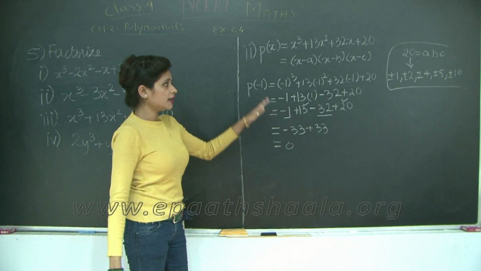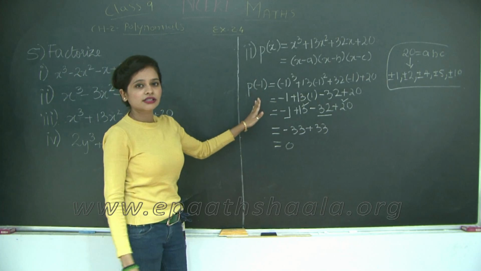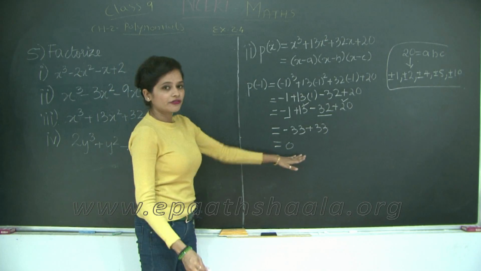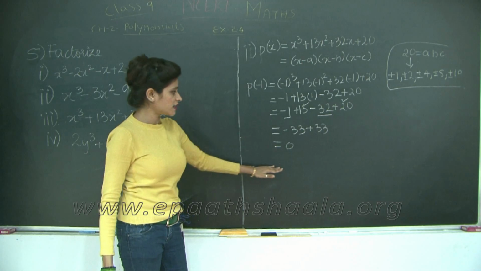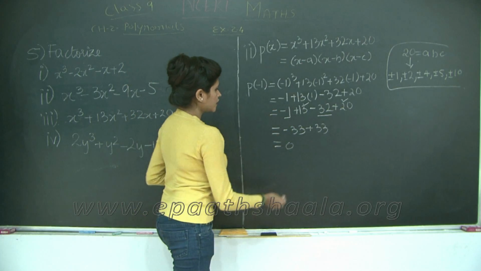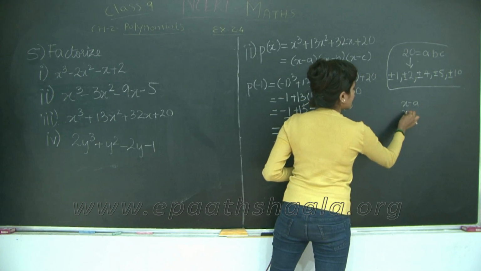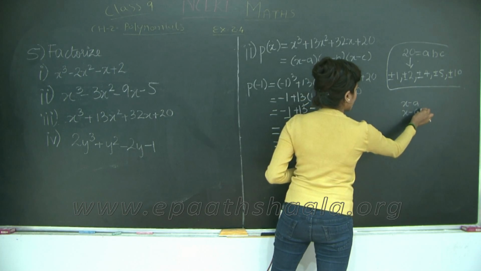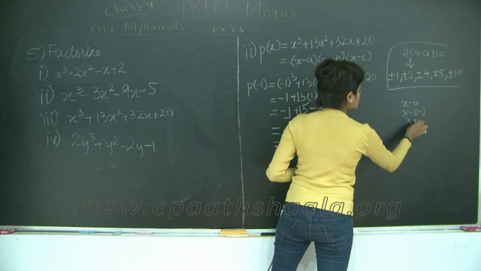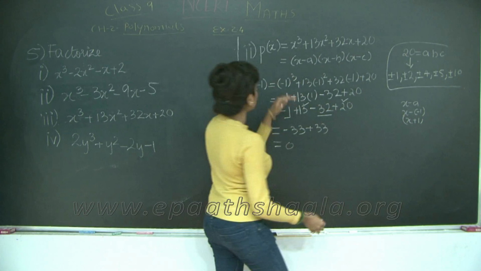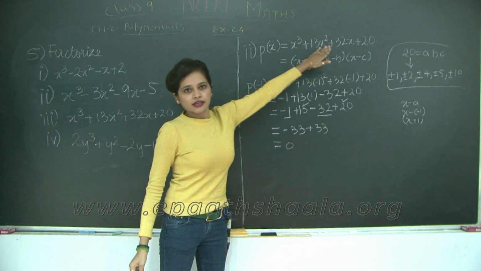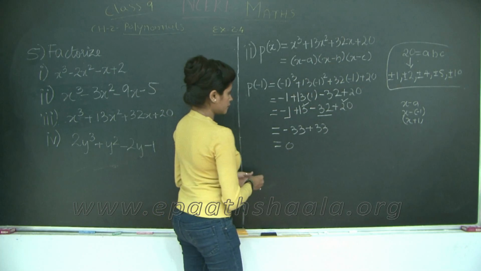So fortunately, by using the hit and trial method in the first instance itself, we've got the first factor. Why? Because P of minus 1 is giving me 0. So x minus a is x minus of minus 1, so x plus 1. Therefore, x plus 1 is a factor of this polynomial.